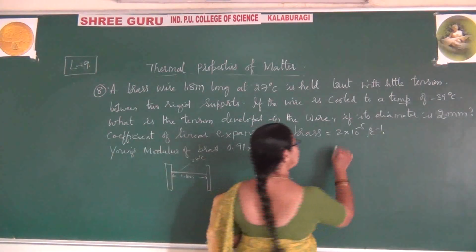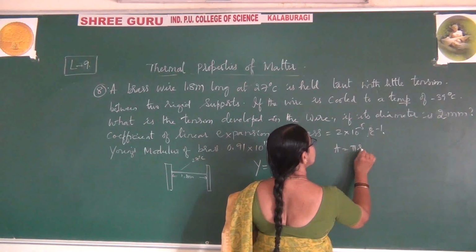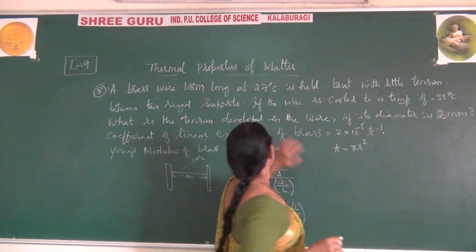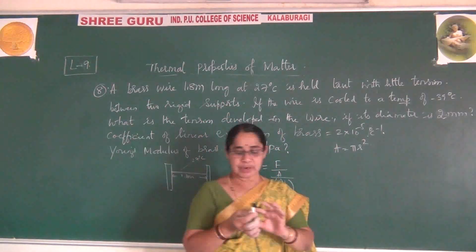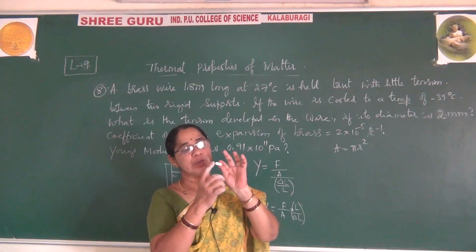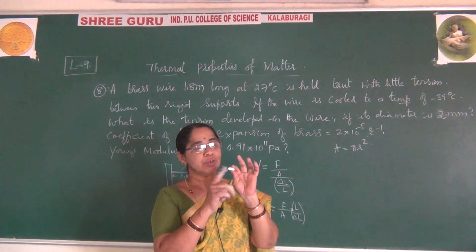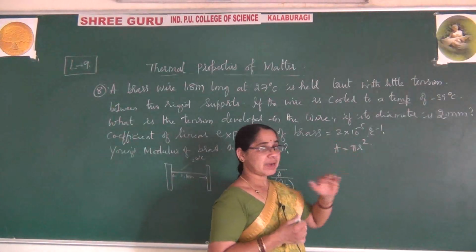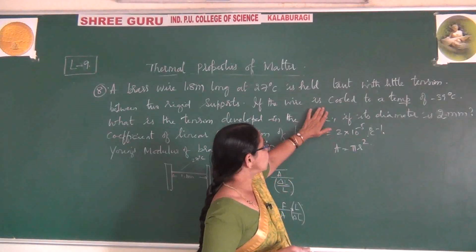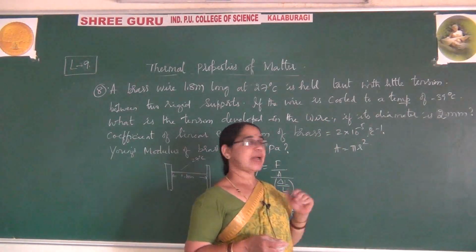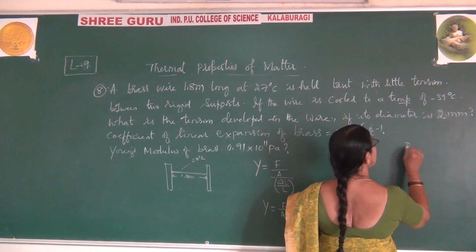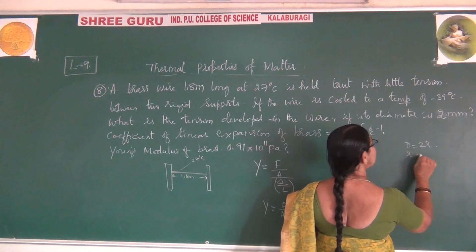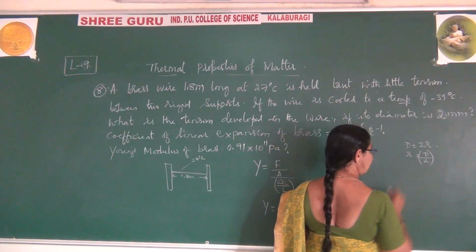A is equal to pi r square, where r means radius, but in this question they have given diameter. Let me convert this to diameter. You know d is equal to 2r, where r is equal to d by 2.